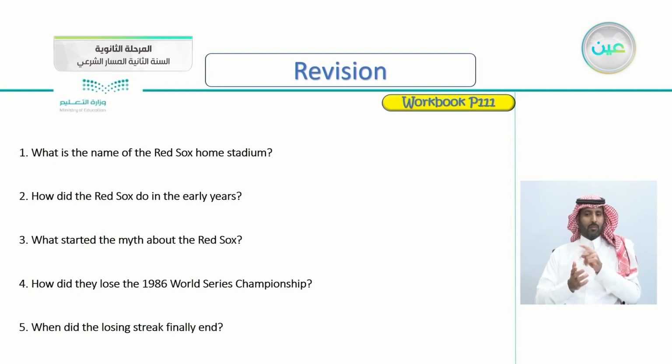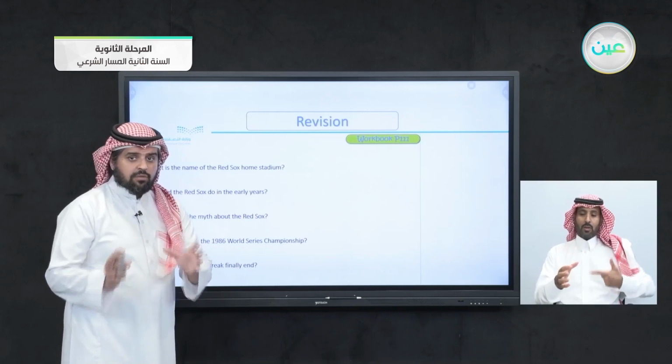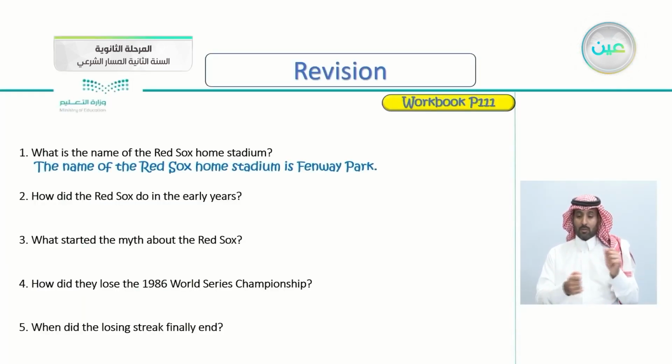What is the name of the Red Sox home stadium? Their home stadium, the field that they play in their city, what is it called? Yes, that's correct. It's called Fenway Park. The name of the Red Sox home stadium is Fenway Park.